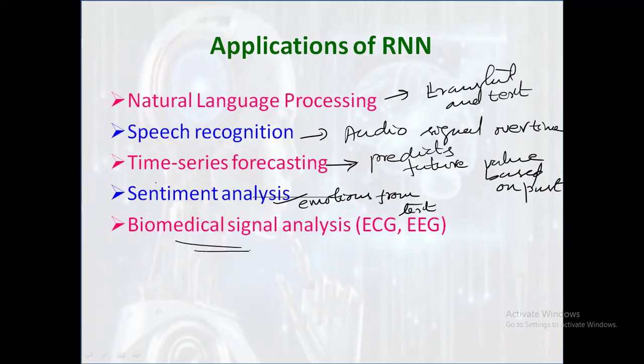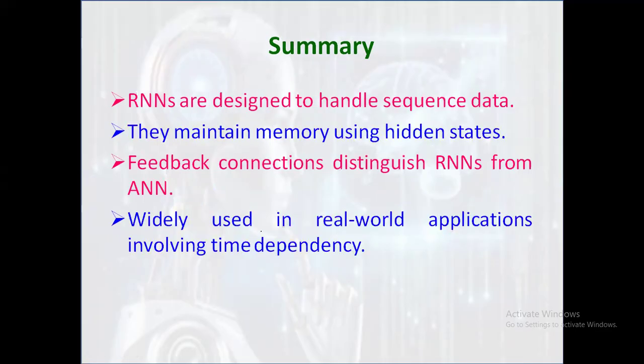And it is also used in biomedical signal analysis, that means ECG and EEG. It captures the time-based patterns in health signals. Coming to the summary: RNN is designed to handle sequential data effectively. It is designed for ordered data processing.